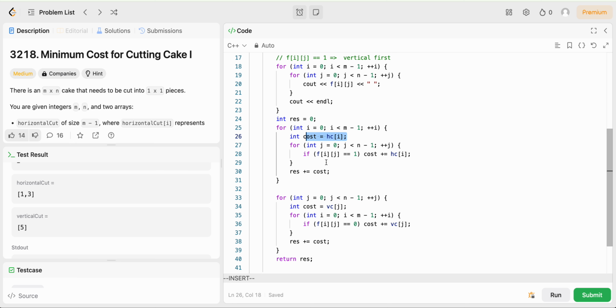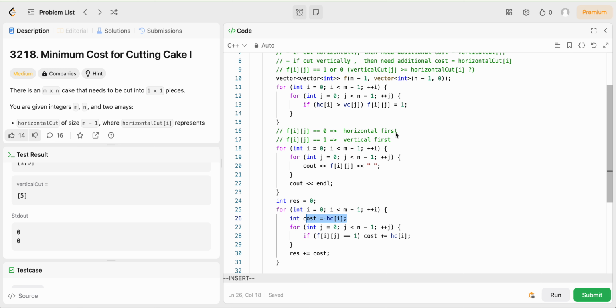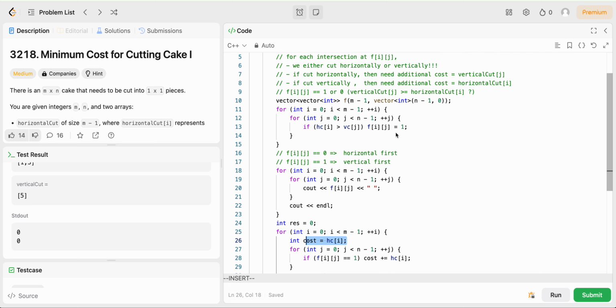Then, so if HC is greater than VC, Fij is 1.